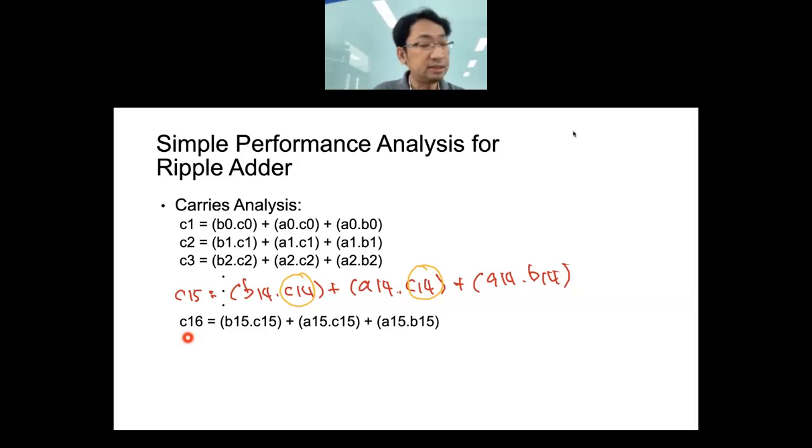It means that C16 has to wait all the way until we get C15, right? And this is the critical part of the ripple adder, because this result has to wait for C14, C14 has to wait for C13, and so on.